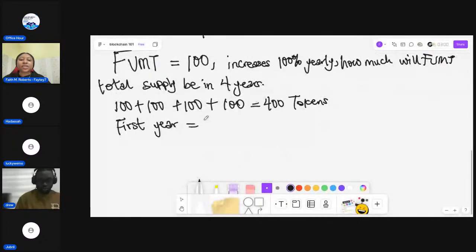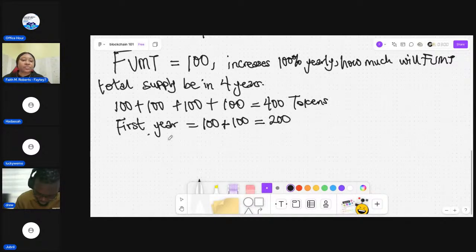So for the first year, our total supply will increase itself because it is 100%. So it will be plus 100. So after the first year, you have 200 tokens, right?